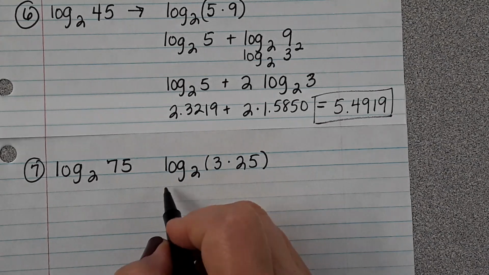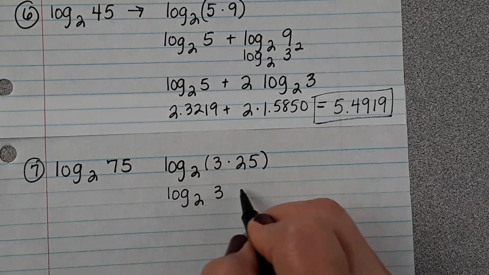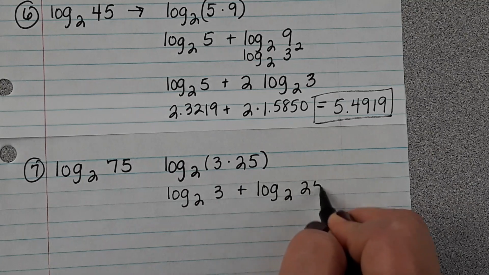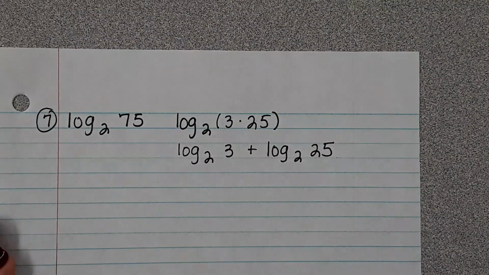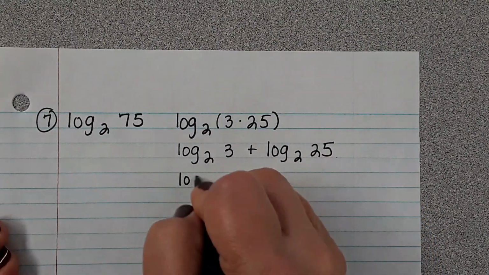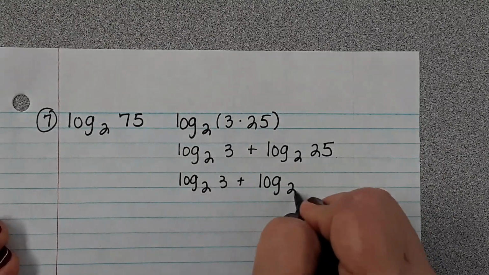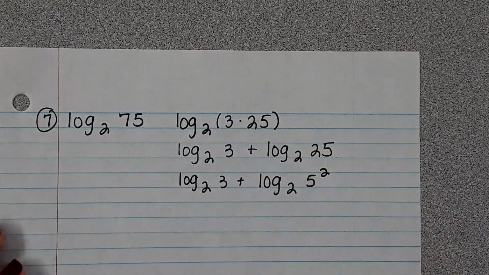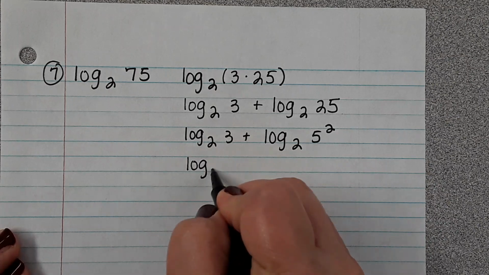Okay, so this becomes a what? Correct? Okay, what happens with the 25? Then what happens? 2 log base 2.